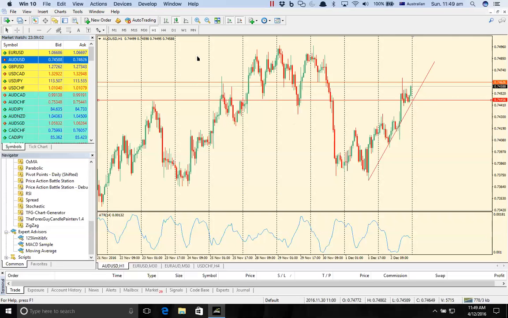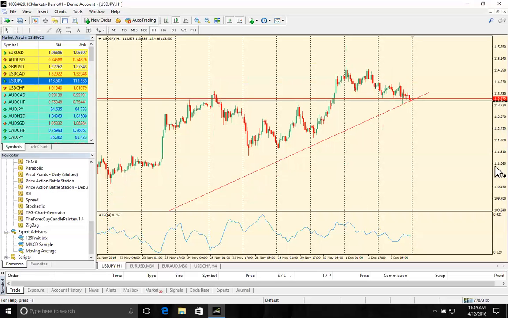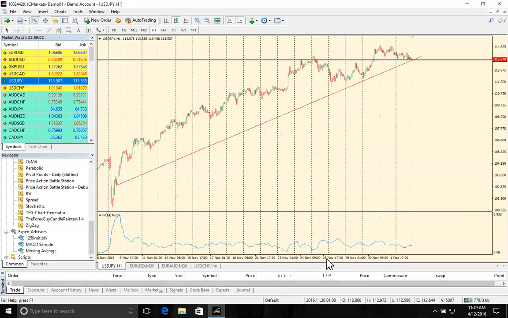So the market cycle is, let's say I pick up a currency pair here which is very, very clear, USD JPY. This is the currency pair on which I will show you the market cycle.